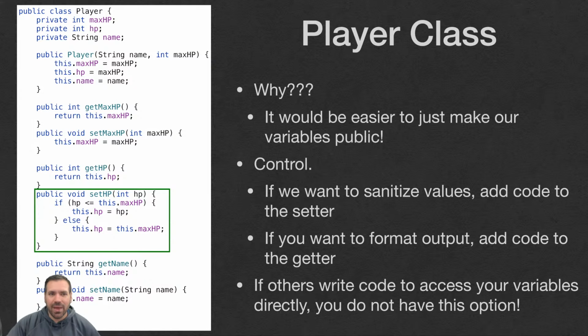I'm not going through all that code and changing everything and telling everybody else to change it after the fact because I wanted to enforce that max HP has to be greater than 0. I don't want to do that. I'm going to set up private variables, getters and setters, and then I can just add it after the fact. Everybody's already going through my setter. I add my check there. One change, done, easy. So that's why we set up the getters and setters. Even if they're not doing anything, it keeps our options open for the future.